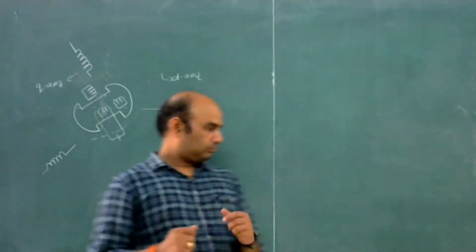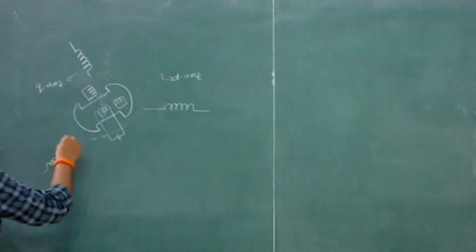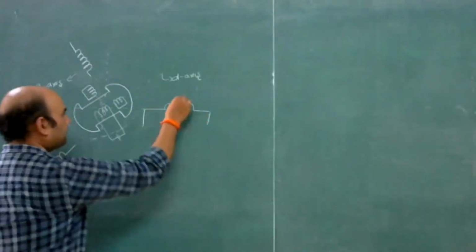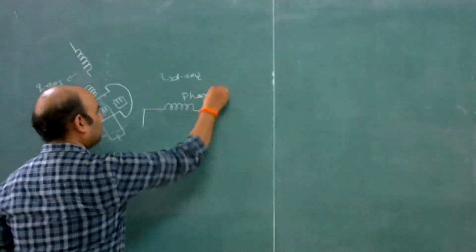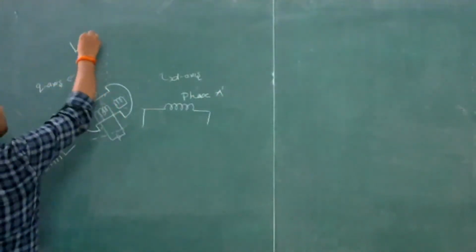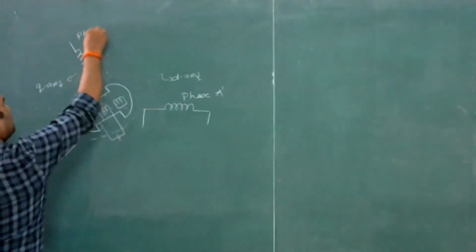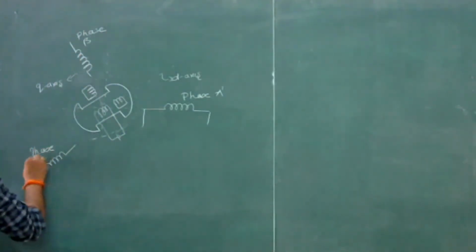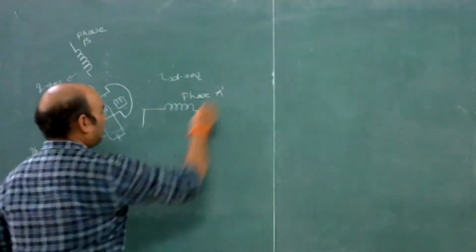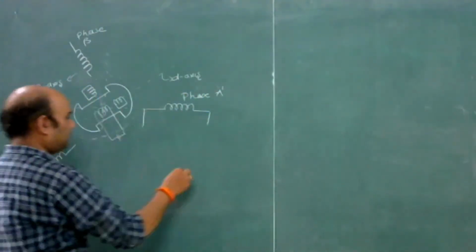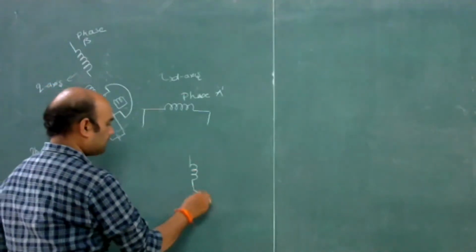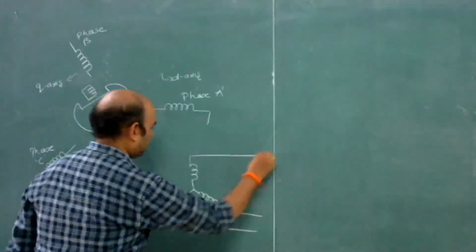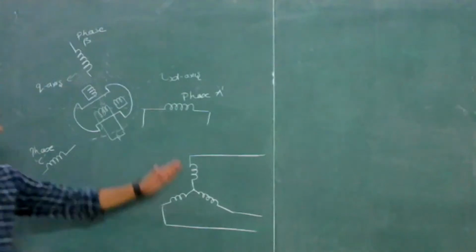Okay, so let's see the circuits of the stator. So this is phase A. This is phase B. And this is phase C. We have the stator, which is connected in star like this, and the phases are 120 degrees displaced from each other.